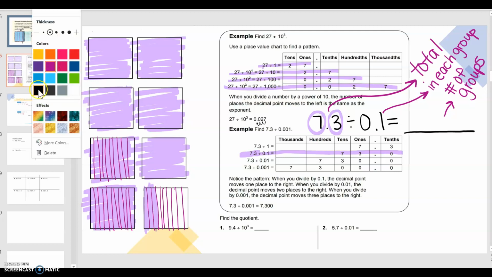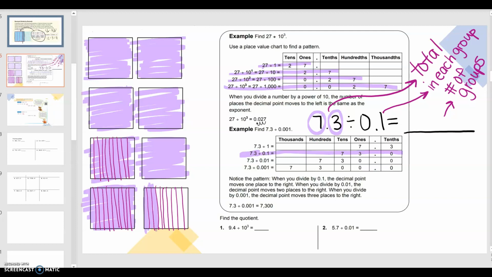Okay, and then we are going to divide. We're going to say, hey, we have 7 3/10 total, and we're going to put 1/10 into each group. Just try and envision that all of these are broken into tenths, right?